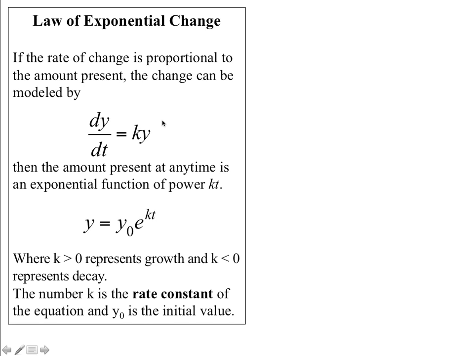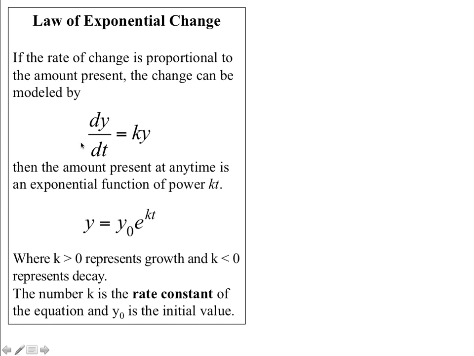This is a very specific relationship, described by this phrase: rate of change proportional to the amount present. And we're going to solve this. This differential equation is separable, so we're going to separate it and solve it the long way. We're only going to do that once.